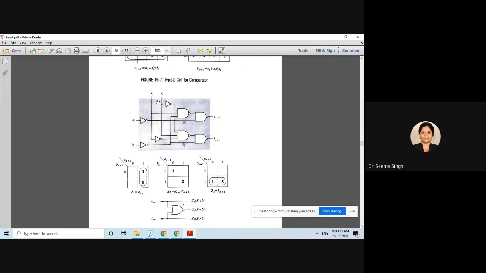So you can observe this circuit. This circuit is depicting this equation only, right? Now this completes your cell design. I hope you have understood.